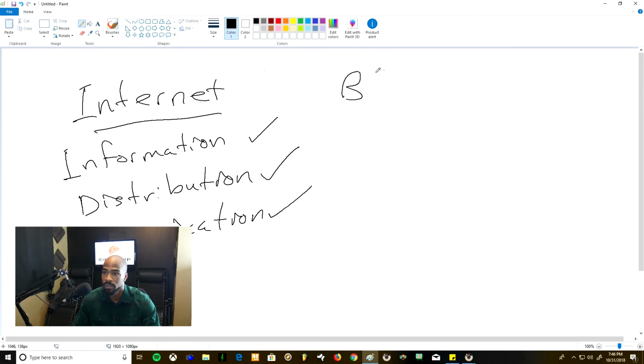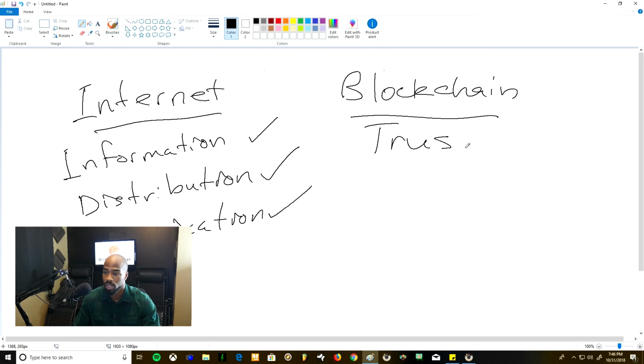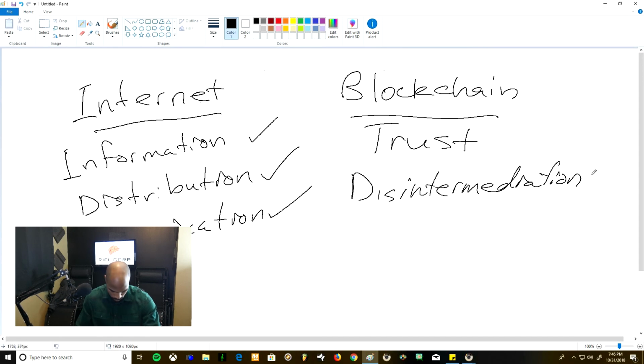Now, blockchain, they like to call it the Internet 3.0. This is going to solve trust and disintermediation. It's solving trust because, like we mentioned before, you have so many people with their own copy of the ledger. It's solved and published on the ledger by different people, and they all have the same copy.